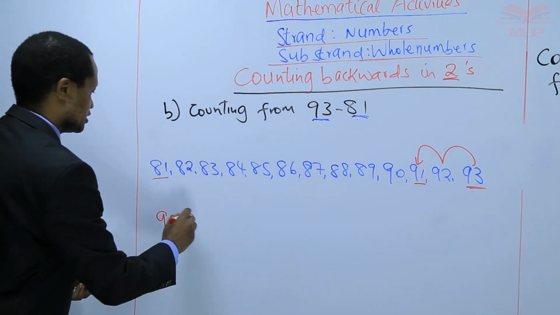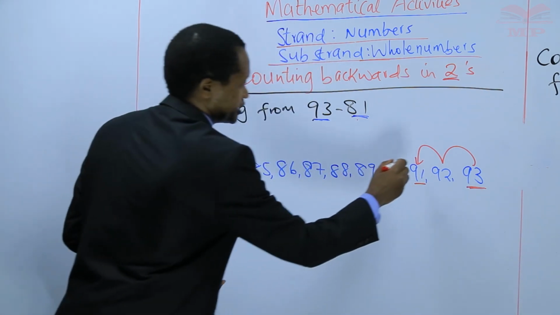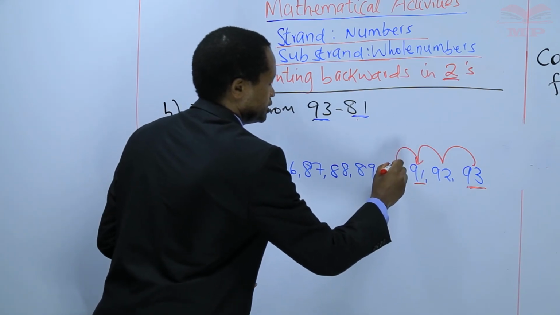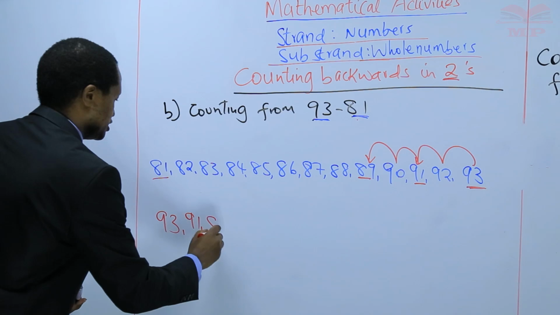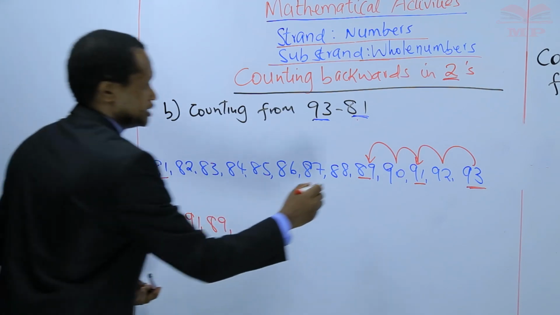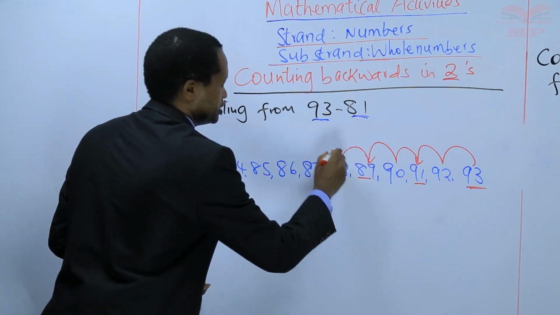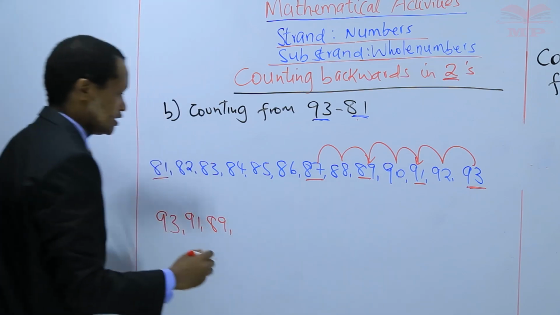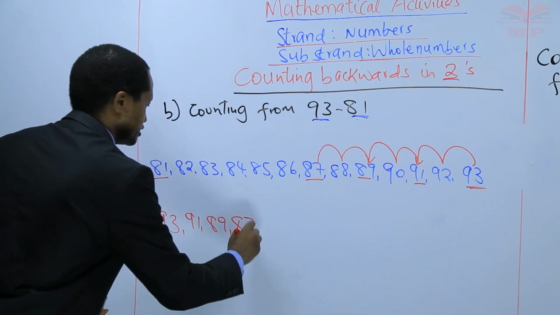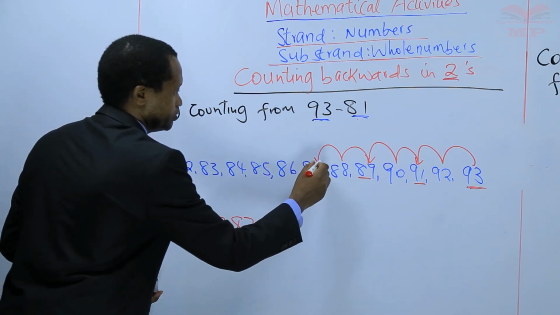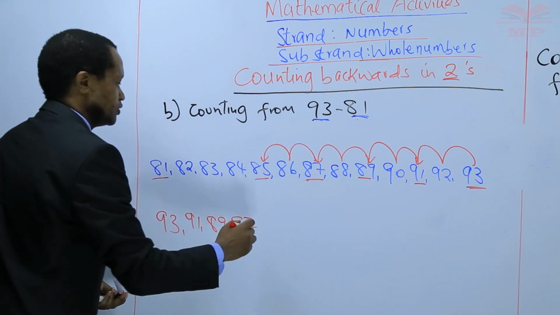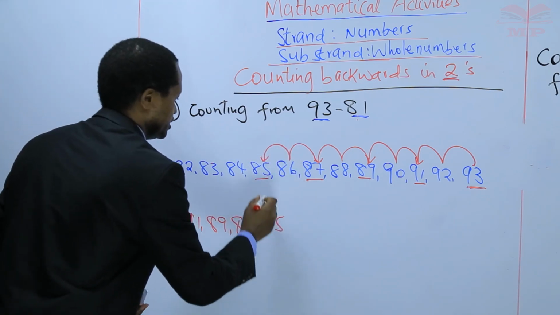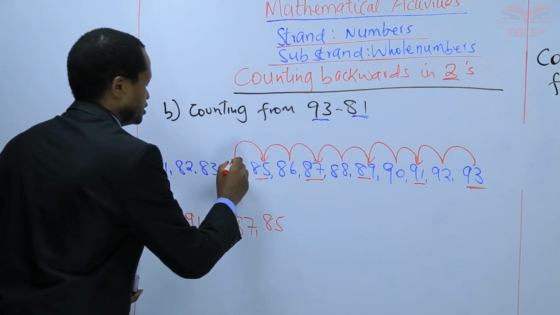That number is 91. Then at 91, 1, 2. This number is 89. Write 89. At 89, 1, 2. This number is 87. At 87, we move 1, 2. 85, we write 85. Then at 85, we move 1, 2.